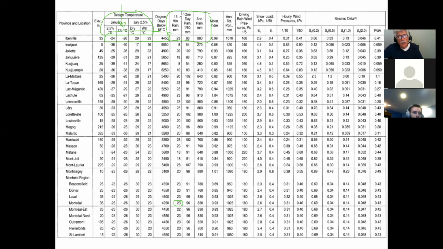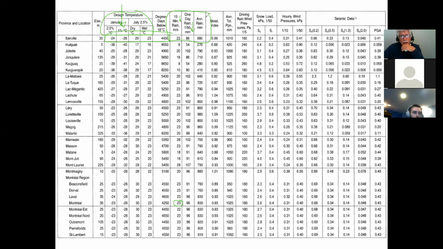Now, you can have the 1 in 15 minutes, and then you can also worry about how much rain you're going to get in a day, because sometimes the architect might have a slow drain draining the roof, and therefore if you want to calculate how much water can get on the roof within one day, this might be of use for you.